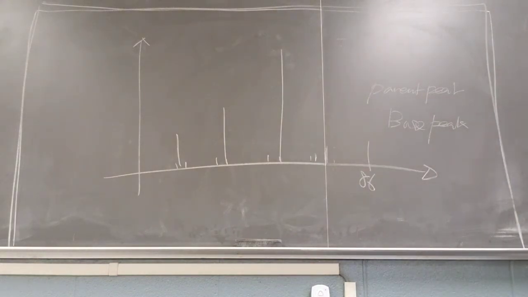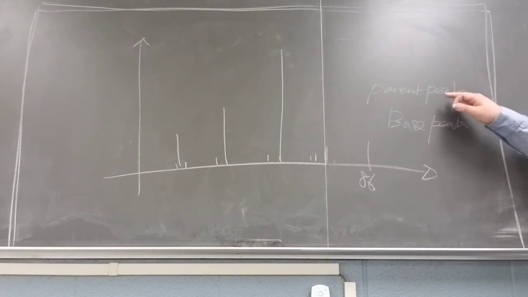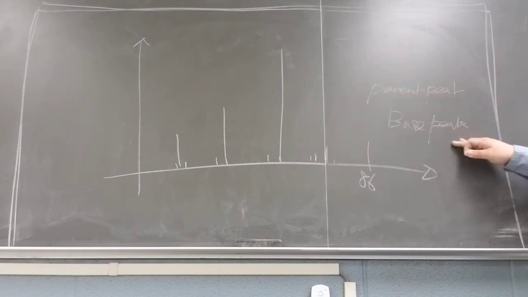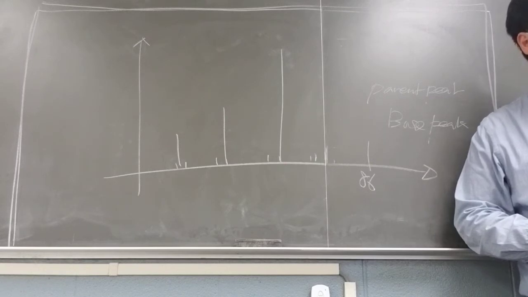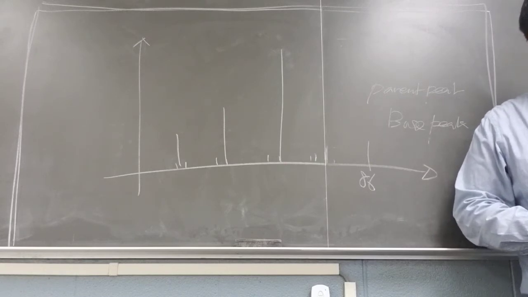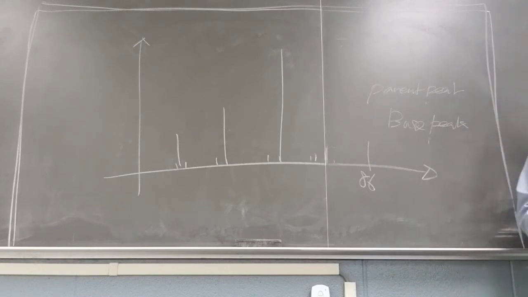It's pretty easy, right? You just need to know which peak stands out as the 100% abundance, the relative abundance, and which one tells you the actual molecular weight of the compound. That is what we're looking for, the parent peak and the base peak. Okay, so it's pretty easy, right?